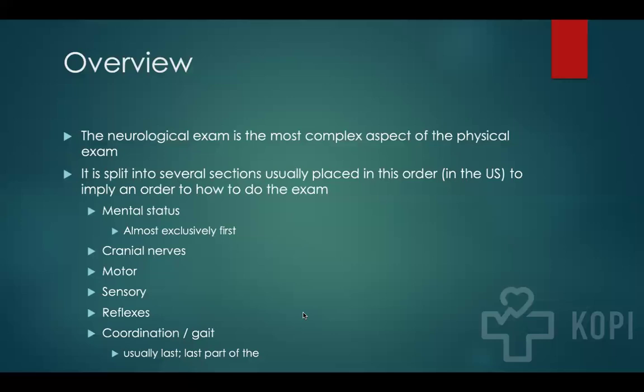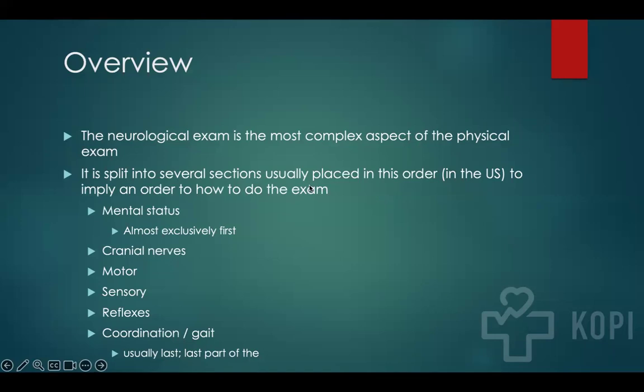So, the neurological exam starts with a mental status exam. We almost always exclusively do this first. It's an exam that basically has an order in which you need to actually do it. The mental status happens first because it dictates the remaining portion of the exam.